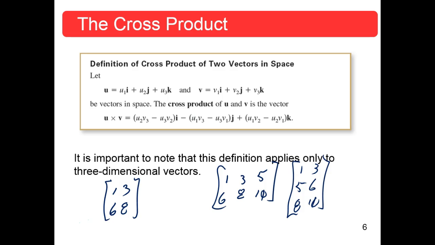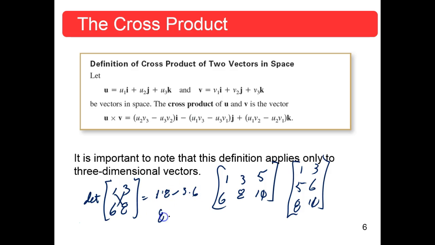You've probably almost thought of it in a different way, but the determinant of this matrix would be the product of the main diagonal, 1 times 8, minus the product of the opposite diagonal, which would be 3 times 6.